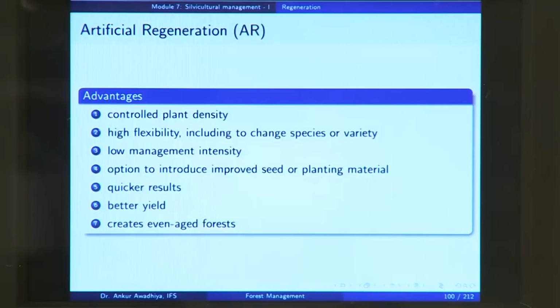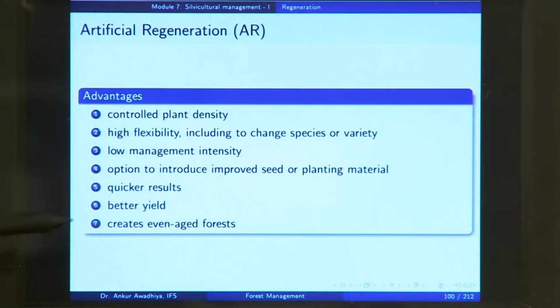So, you already have very tall plants, and by the time you put them on the soil, they are already quite well established. So, you do not have to wait for them to develop more resistance against the natural adverse conditions. So, the establishment is very quick in the case of artificial regeneration.